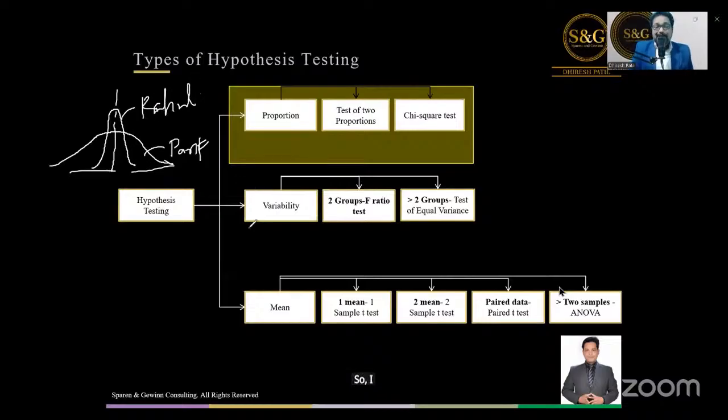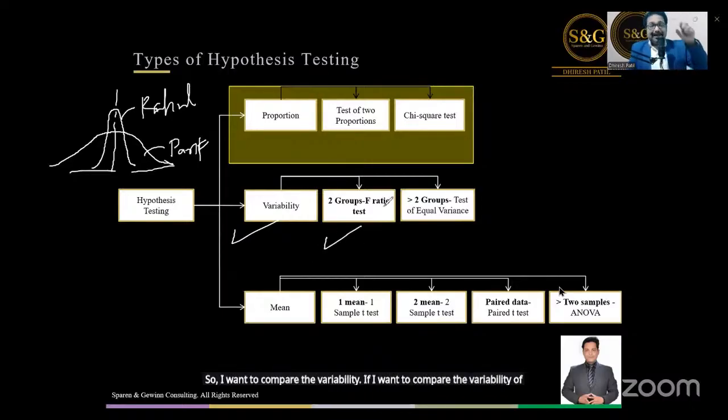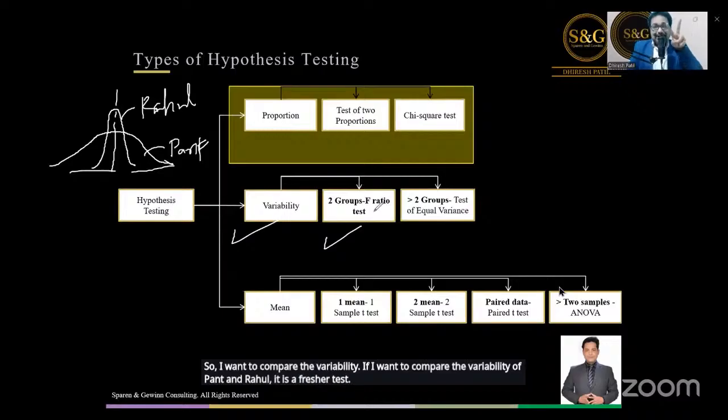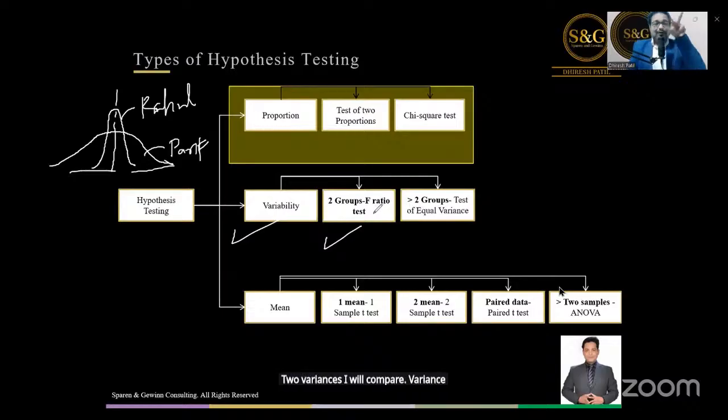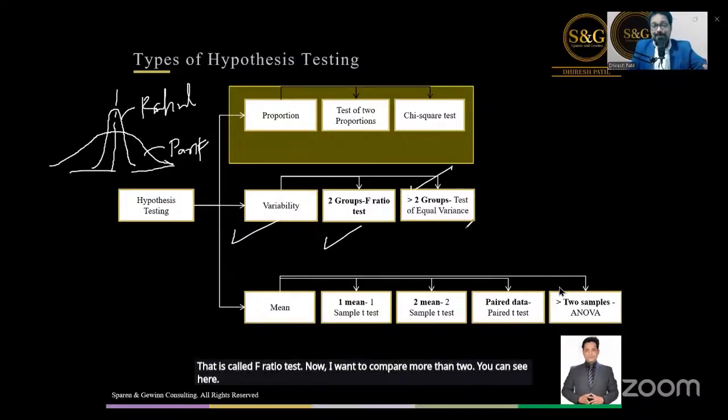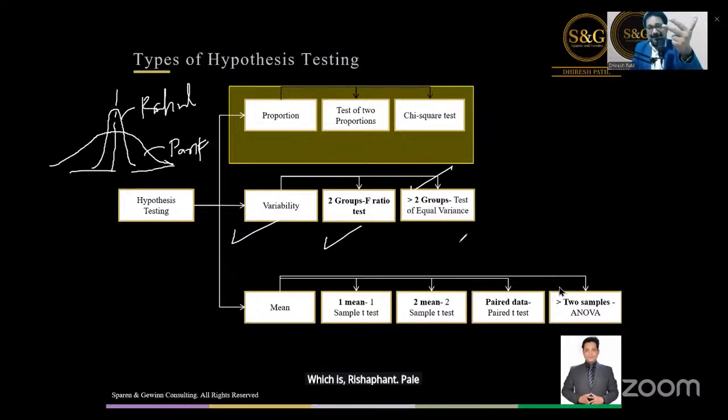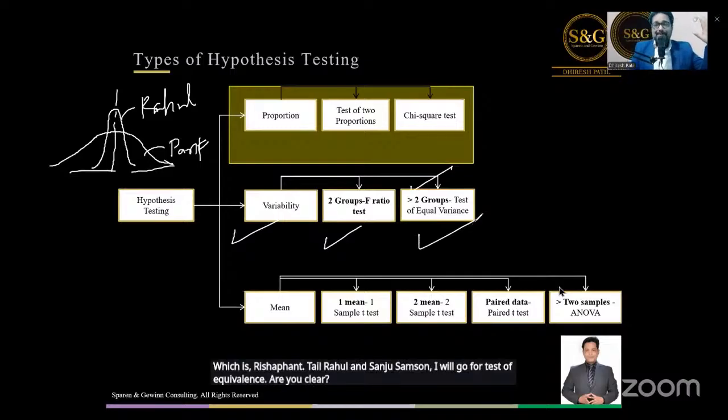So I want to compare the variability. If I want to compare the variability of Pant and Rahul, it is the F ratio test. Two variances I will compare: variance of Rahul, variance of Rishabh Pant. That is called the F ratio test. Now I want to compare more than two, which is Rishabh Pant, KL Rahul and Sanju Samson. I will go for the test of equal variance. Are you clear? Just type yes in the chat box.